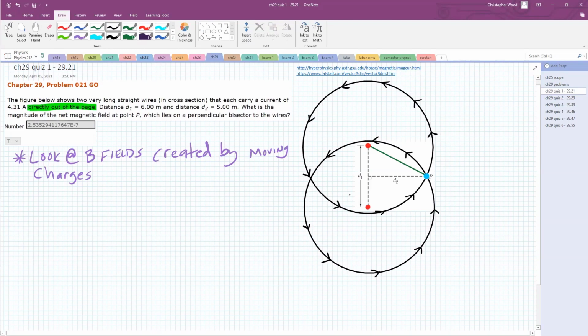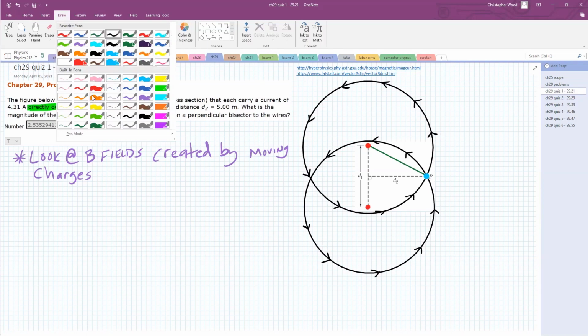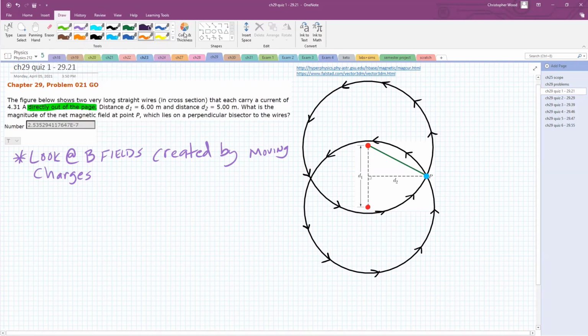So now, what's going on at Probert? Here's the magnetic field vector right at Probert's location, right here. It's tangent. So if I want to know what the magnetic field is at point P, now I'm drawing the magnetic field vector.